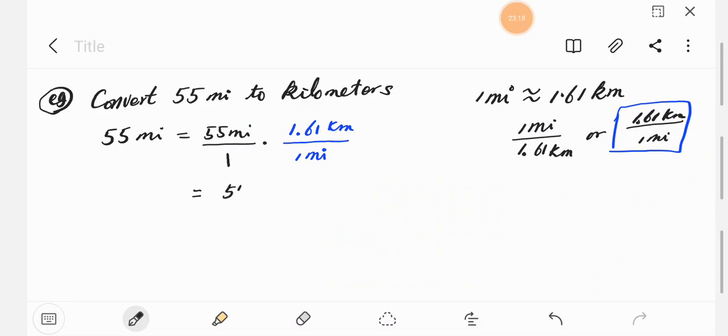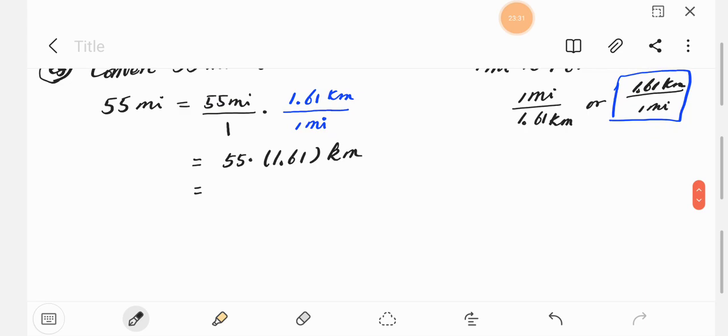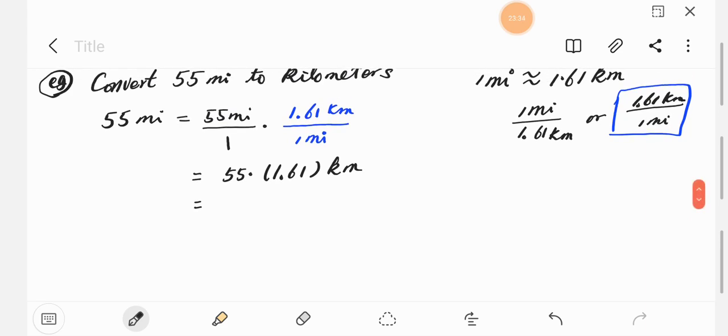So we have 55 times 1.61 kilometers, right? Then use a calculator. Actually this is not equal, it's approximately equal. Then that is 88.55 kilometers.